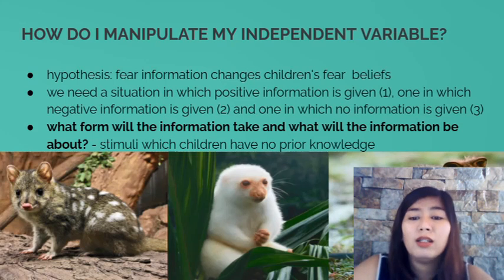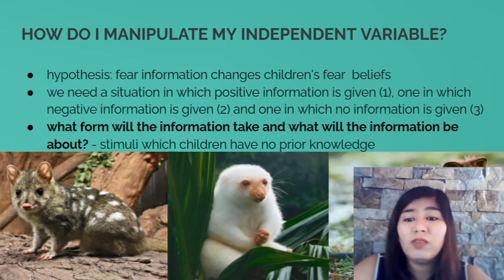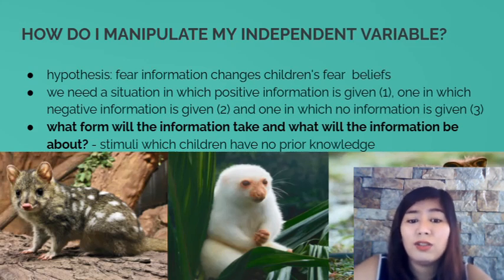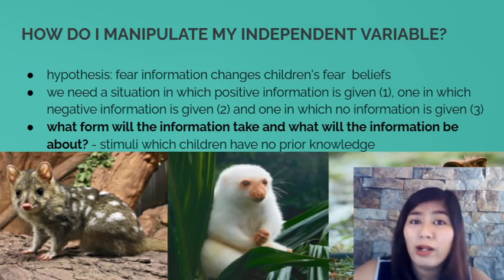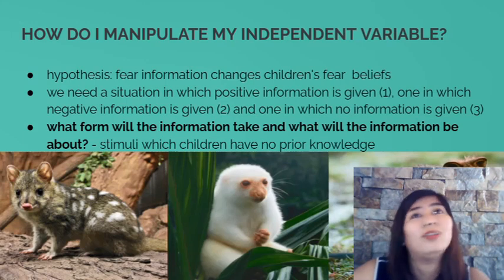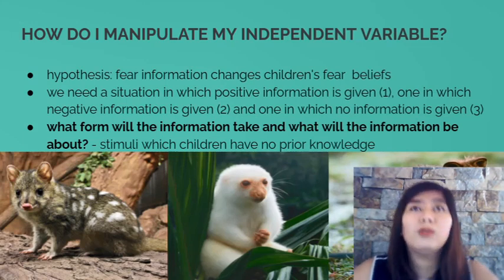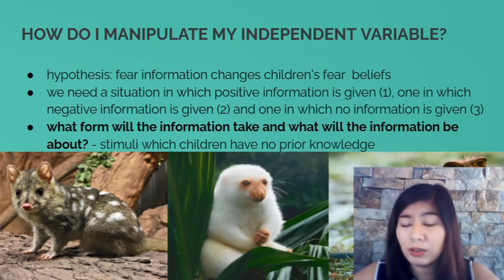These stimuli were chosen because it is assumed that children have no prior knowledge of these species. Perhaps we can also filter out any participant who is familiar with these stimuli, because we can easily do that. All we need to do is add a question: how familiar are they with the animal that was presented to them?